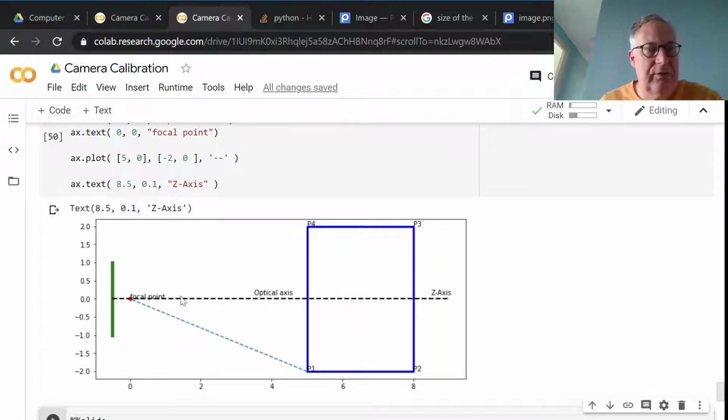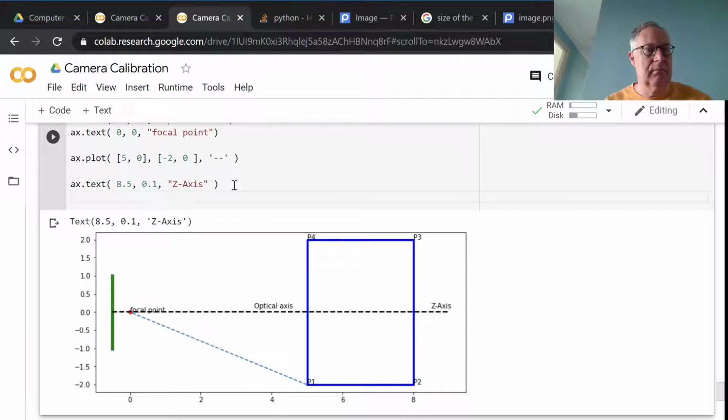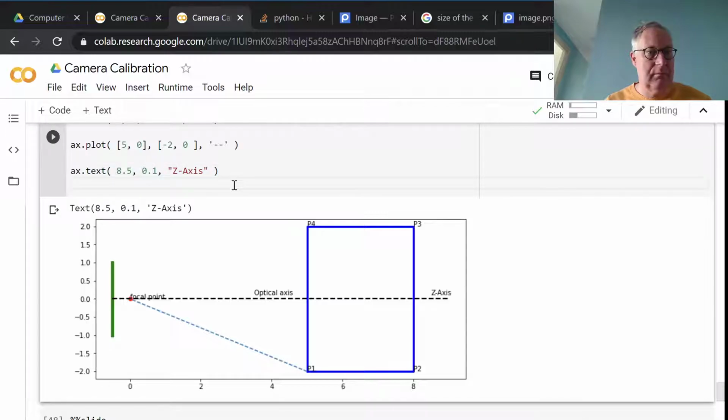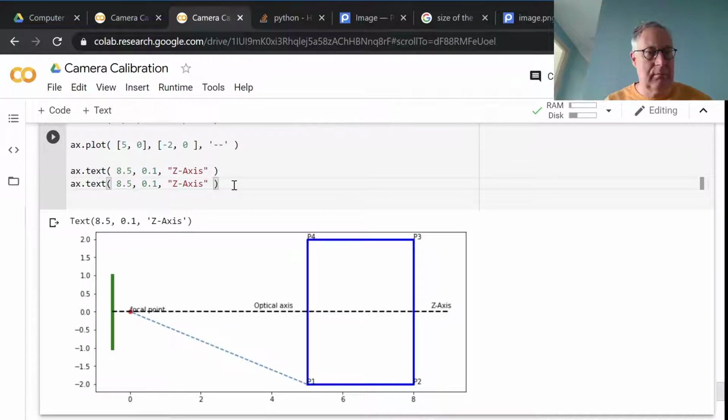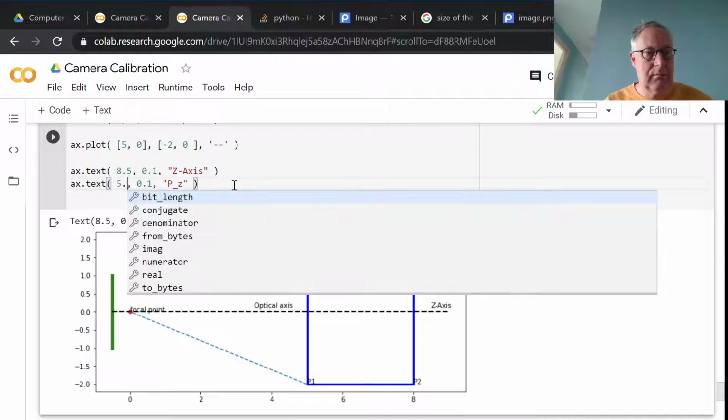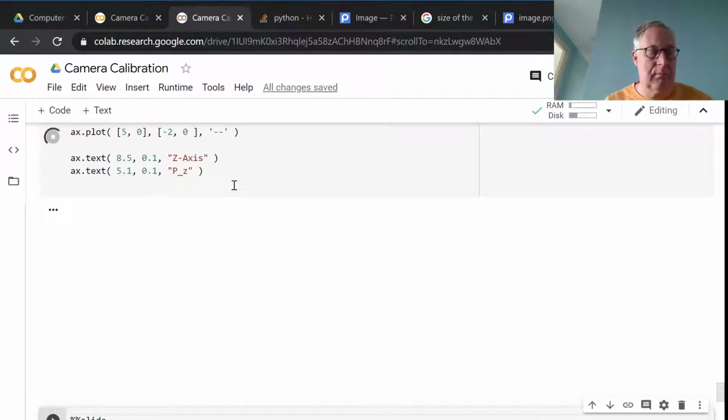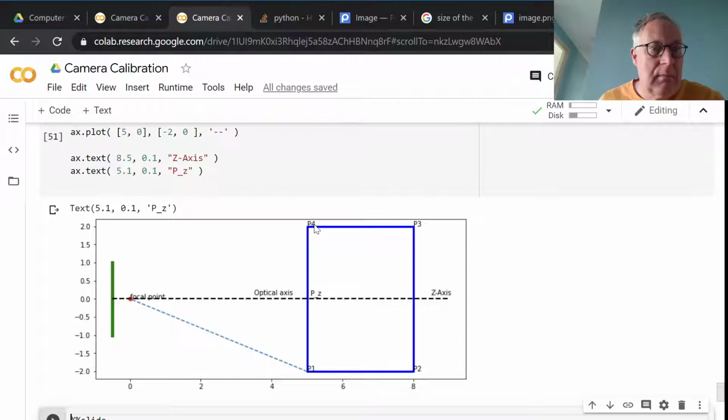This will be my z-axis, so z increases this way. Now this point here would be the z-coordinate of the point, in our case 5. And then this is our x-coordinate.